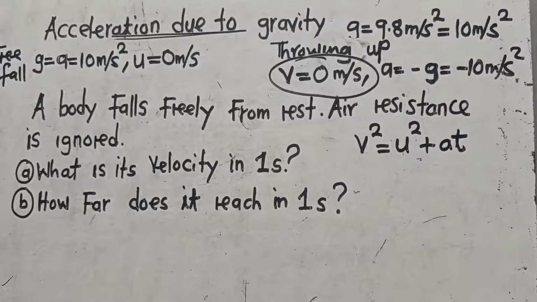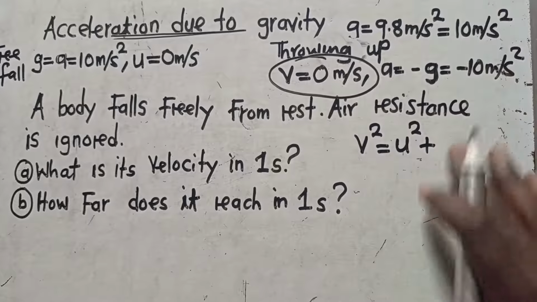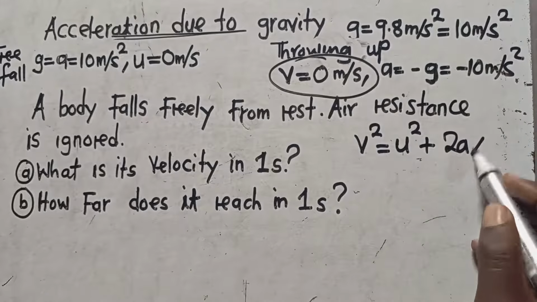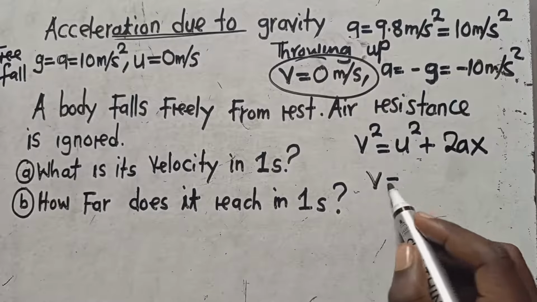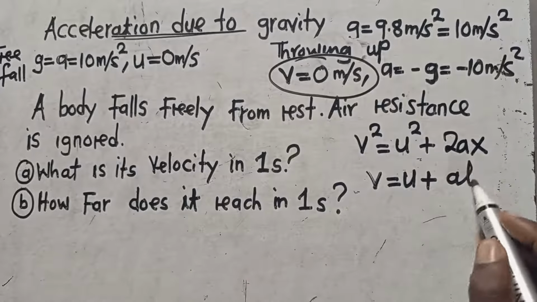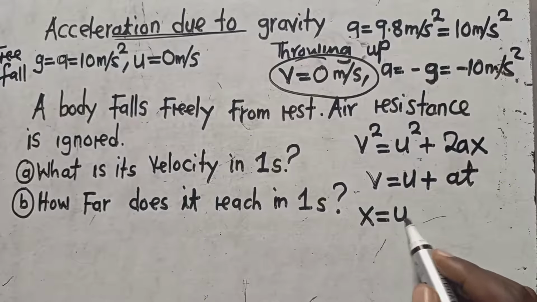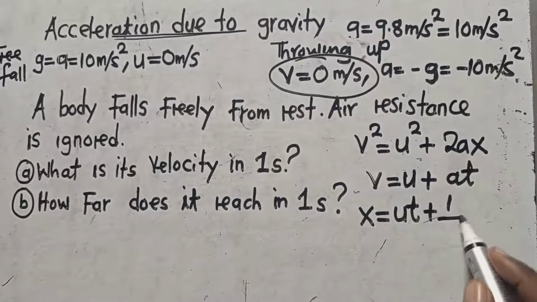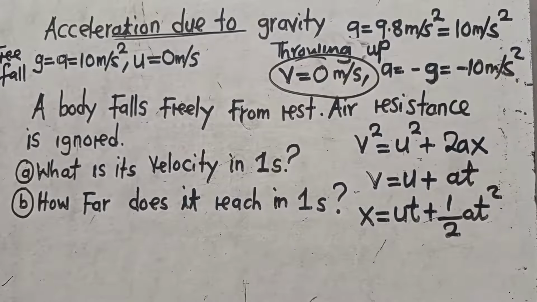Then we also have v squared equals u squared plus 2ax. Then we also have the third one, x equals ut plus half at squared. These are the three equations of linear motion that we are supposed to know and understand.